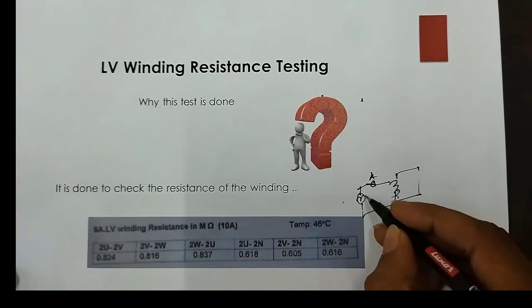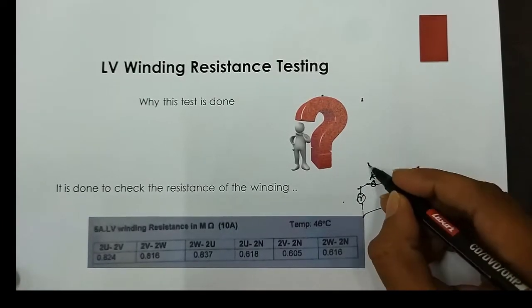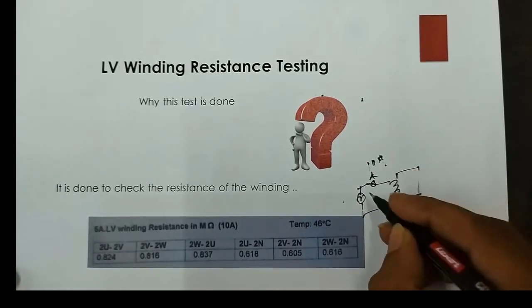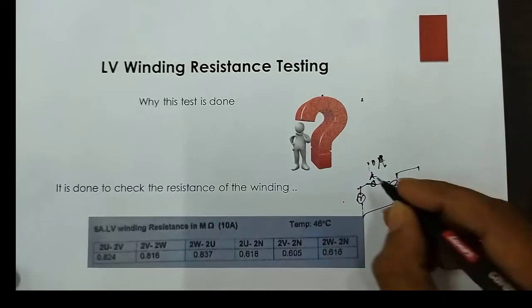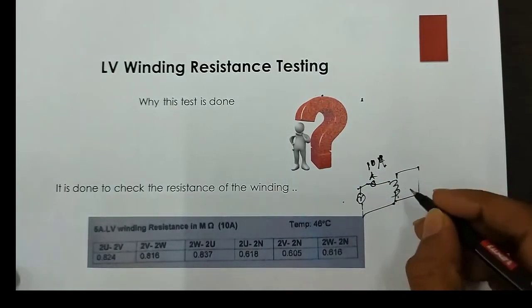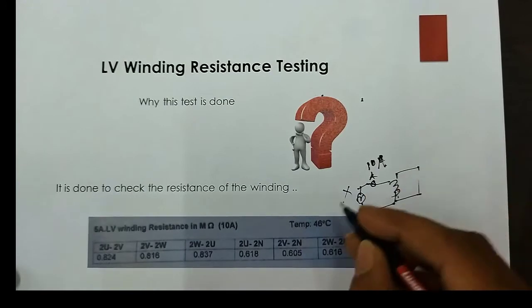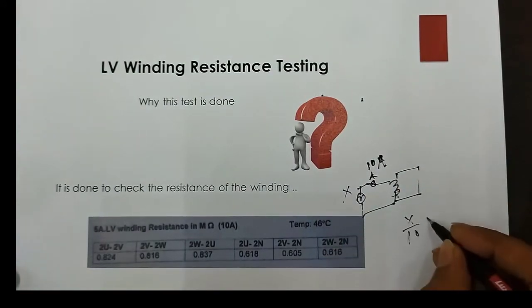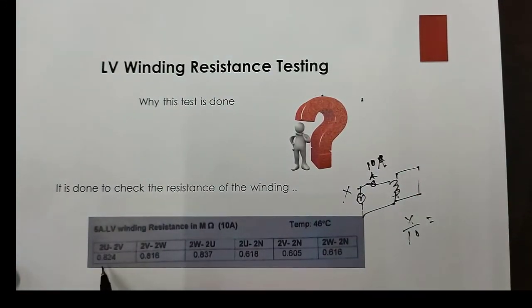Suppose this is the device by which you will give the 10 ampere constant supply, and whatever voltage you are applying, suppose X, then X divided by 10 equals the resistance. Suppose this is 2U, 2V, two phases, and this is for this.